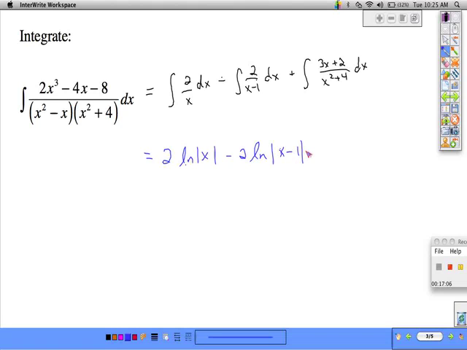Now this last one looks a little hairy, and you might look at it and say, gosh, I can't do that. Well, that one just needs to be split apart into two separate fractions. It's going to be the integral of 3x over x squared plus 4 plus the integral of 2 over x squared plus 4.